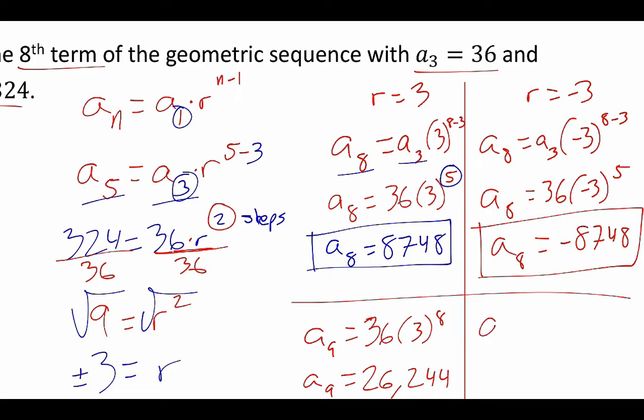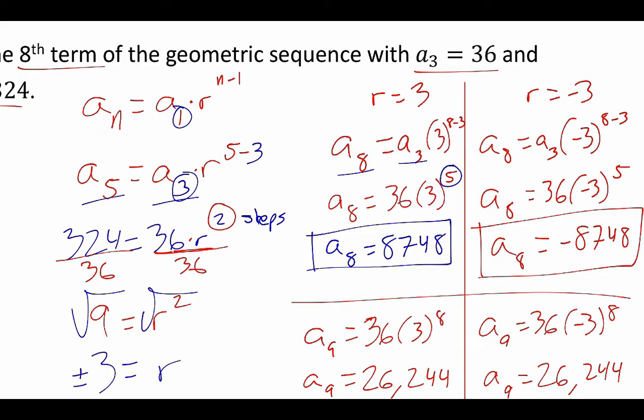What if we were to find the ninth term of the other one, where we have an r of negative 3? We got a sub 9 equals 36 times negative 3 to the 8th power, and that gives us a sub 9 equals 26,244. They're both positive.